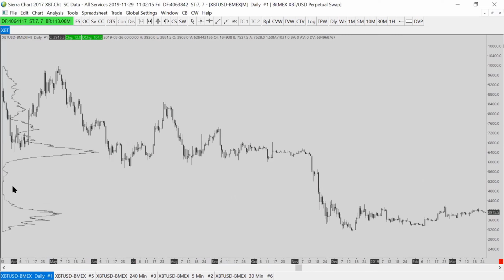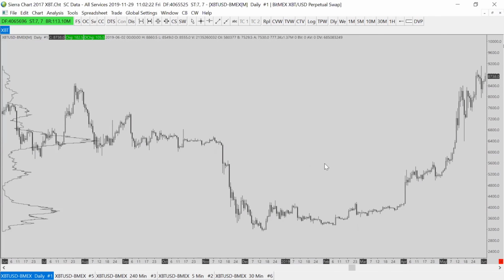Okay, this area here, very little volume has been transacted. Waiting for a breakout into a low volume area and looking for continuation trades, looking to run price up to the next, in this case, the first one is up in here.